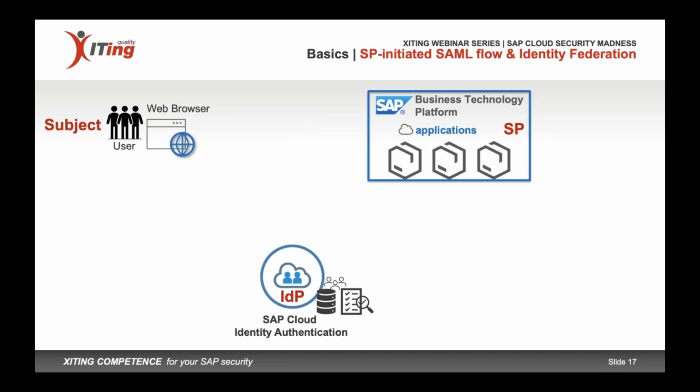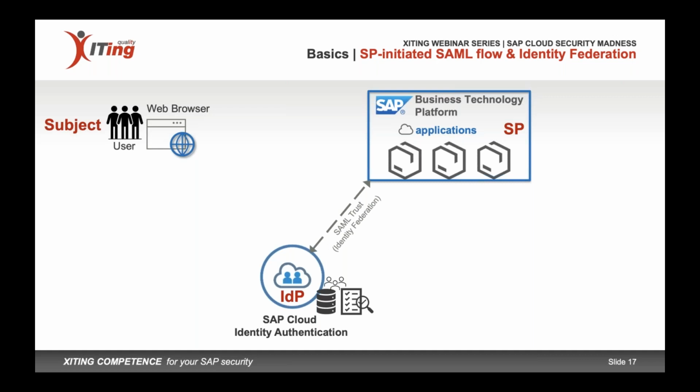Now let's have a closer look at the SAML flow. Here, first of all, the IDP and the service provider, they need to establish a mutual trust relationship. That means the exchange of the so-called SAML metadata on both sides. And that contains entity IDs, protocol, endpoint URLs, locations, cryptographic keys, all that stuff.